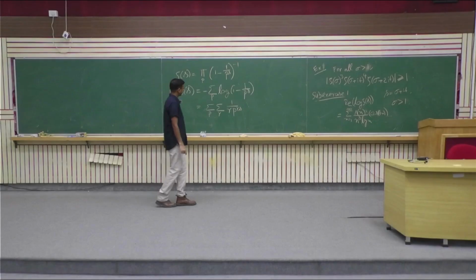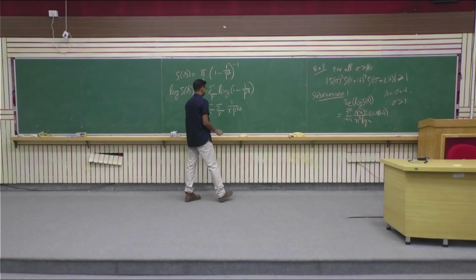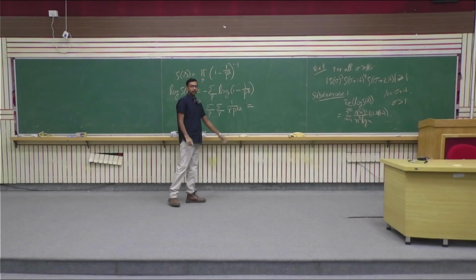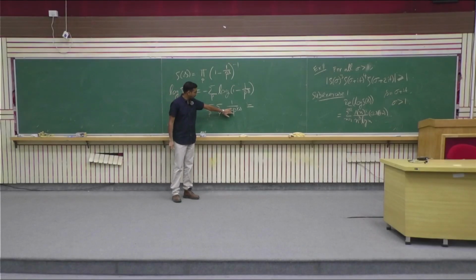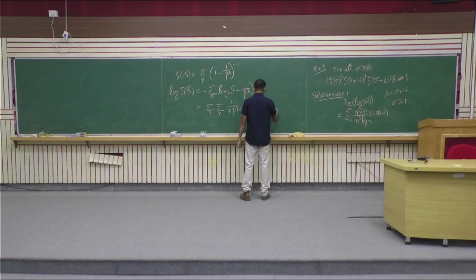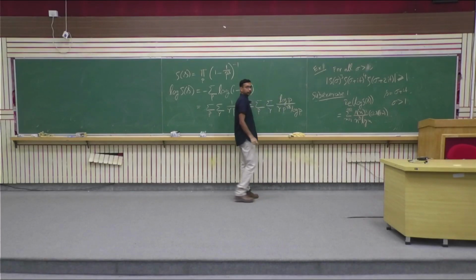And now we would like to write it in terms of the von Mangoldt function. So the von Mangoldt function requires a log p there, so let's bring that in first: sum over p, sum over r, log p by r log p power rs.